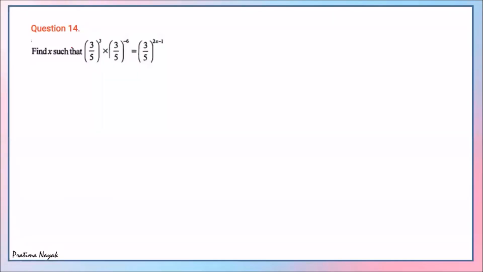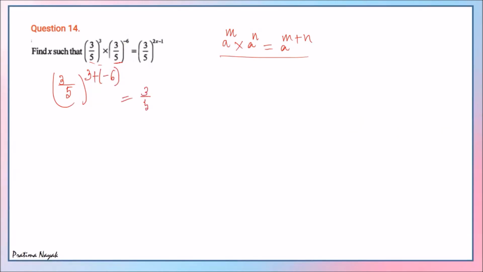So next is question number 14. (3/5)^3 times (3/5)^-6. So you will apply the same concept: a^m into a^n is equal to a^(m+n). So on the left side we can apply this because they have the same base. So it will be (3/5) to the power how much? 3 plus -6 is equal to (3/5) to the power 2x minus 1.